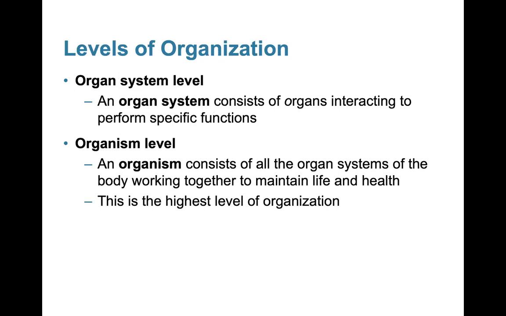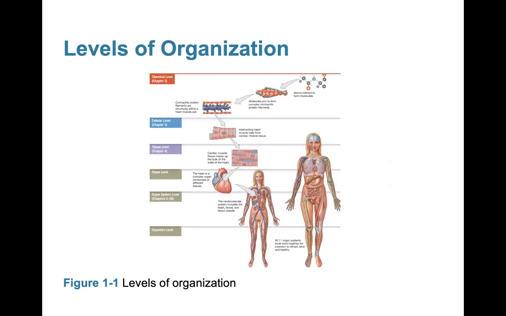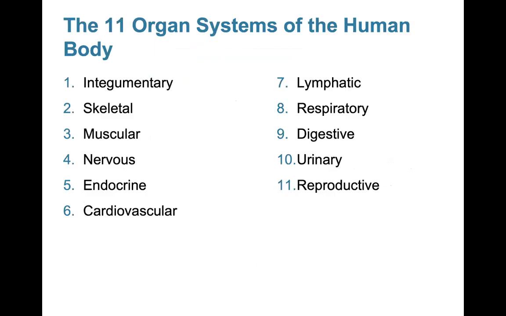And in the human body, we have 11 different organ systems that make up the human organism. So this is just a little cartoon breakdown from your textbook that goes over those different levels of organization. And I believe this is actually a question that's on your lecture assignment sheet.